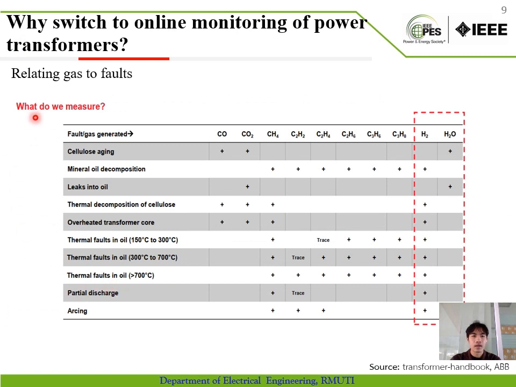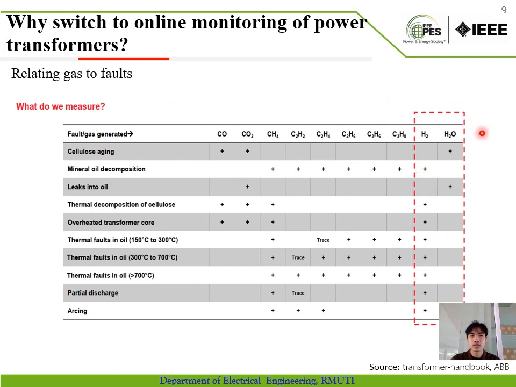We can see that any kind of fault such as cellulose aging, leakage into oil, thermal overheating, thermal fault, partial discharge, and aging is always represented by some kind of gas, but the notable thing is that all of the faults are always represented by hydrogen and water.